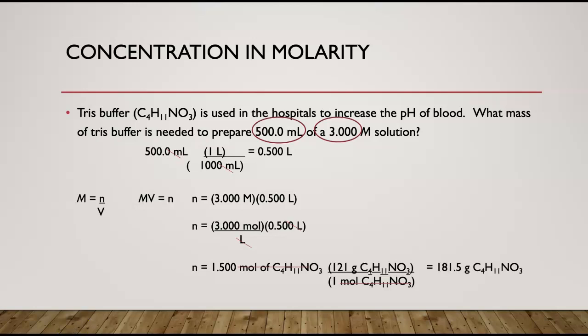And I could keep that at 4 significant figures. So once again, I'm going to dissolve that amount, 181.5 grams of that Tris buffer, in water. Then I'm going to dilute it down with a volumetric flask to 500 milliliters.